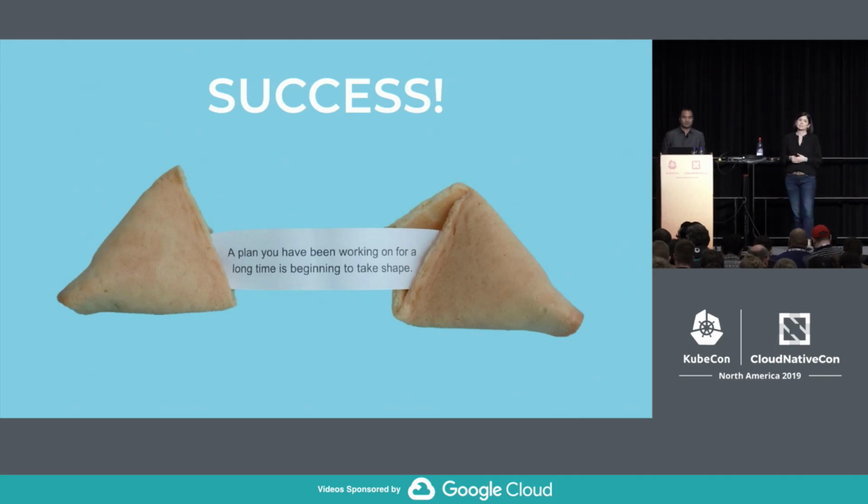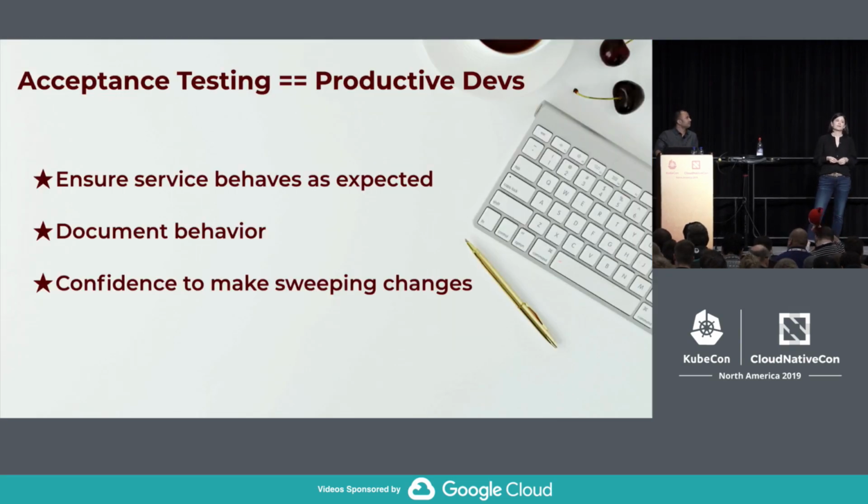Using ephemeral environments and acceptance testing, we were able to iterate quickly and meet our new requirements. And now it's time to wrap things up. Acceptance testing allows you to move quickly. If there's any doubt in your mind about whether or not you're about to break production, add another test.